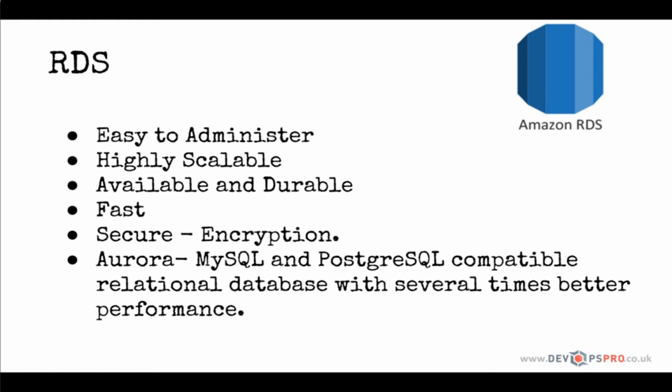It's highly available and durable, so it's using other Amazon services like EBS to make sure that your data is protected. Even if the server crashes, the data is kept, and you can have backups and snapshots of that data.